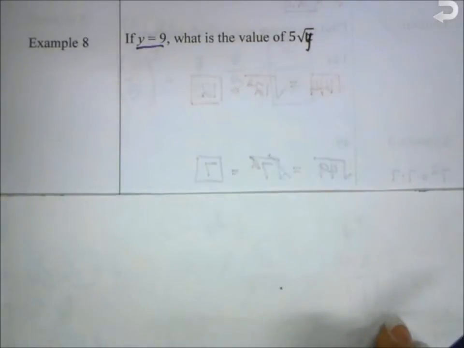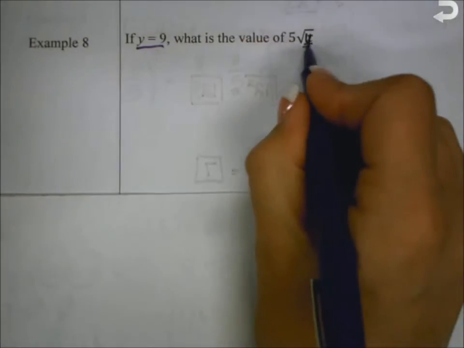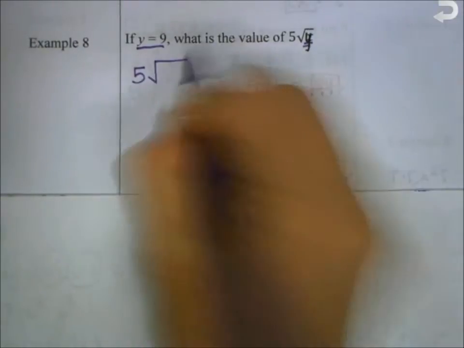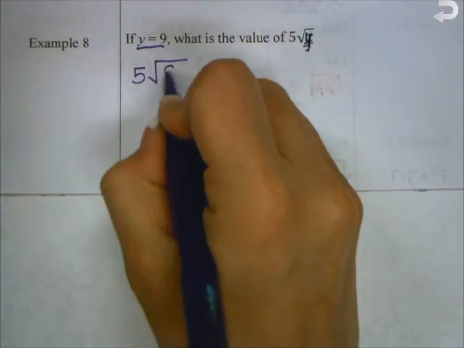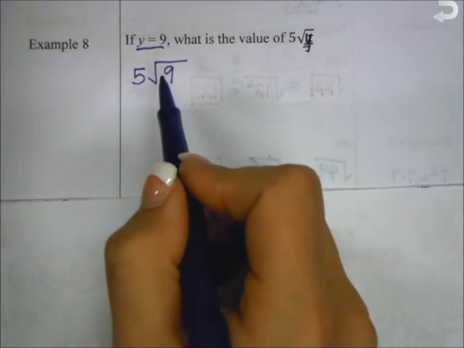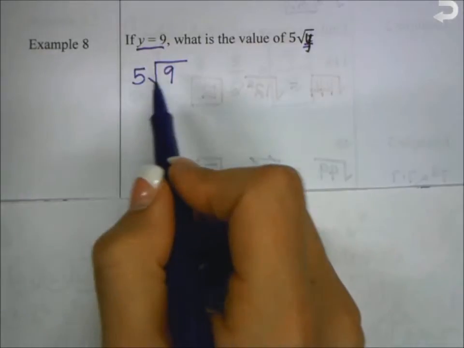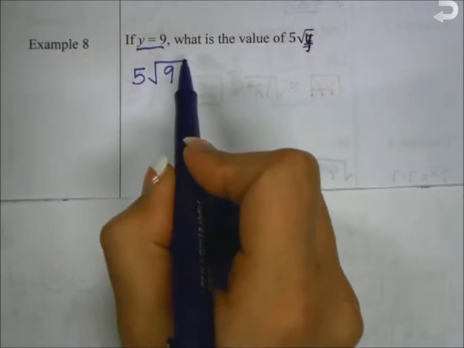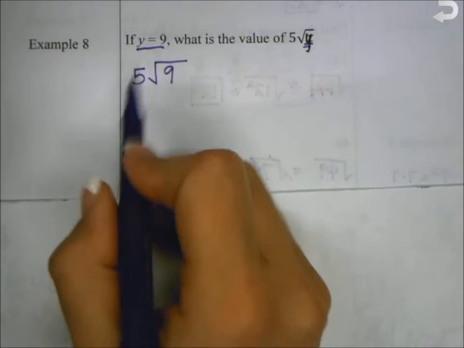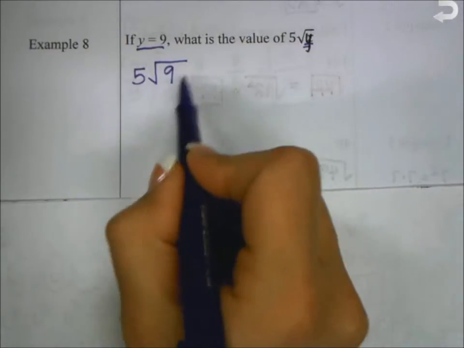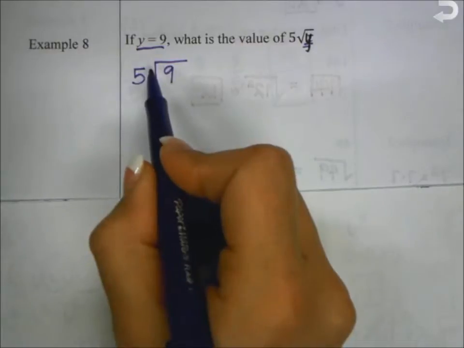5 square root 9. What does this 5 in front of the square root mean? What operation will we be doing? We're going to be multiplying. I know the square root looks like a division, but it's not. What this 5 in front of the square root means is that after we get our answer, we're going to multiply it by 5. Square roots fall under the category of parentheses when we take order of operations.